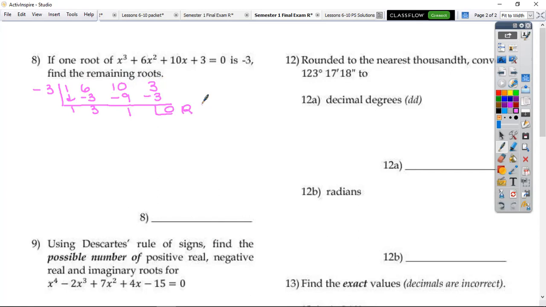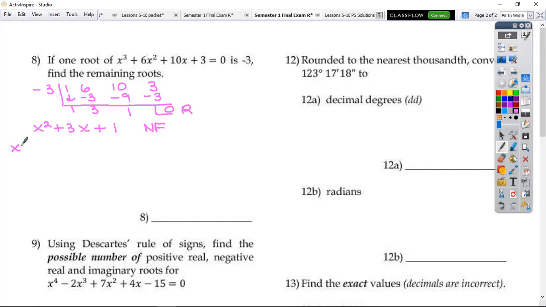Now I take this resulting quadratic because you reduced it 1 degree and you solve. So I have x squared plus 3x plus 1, which does not factor. So what do you have to use instead? Quadratic formula. Yep.